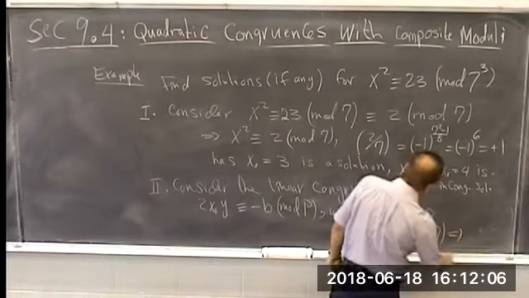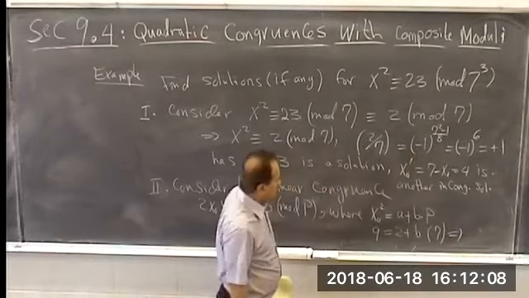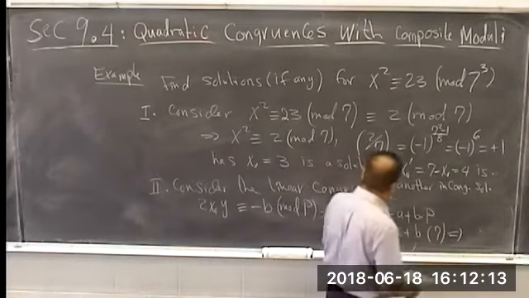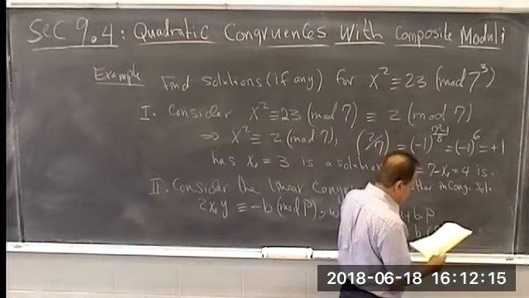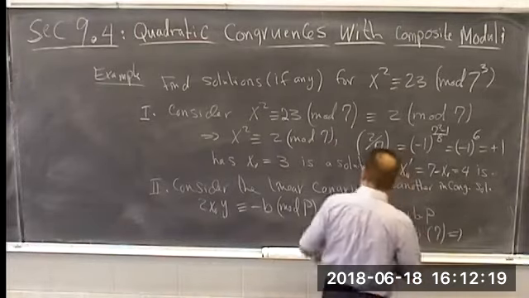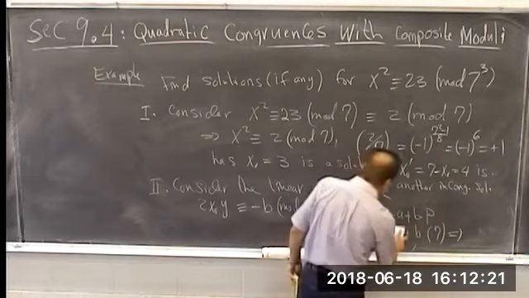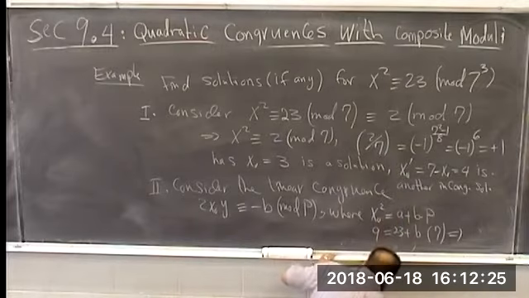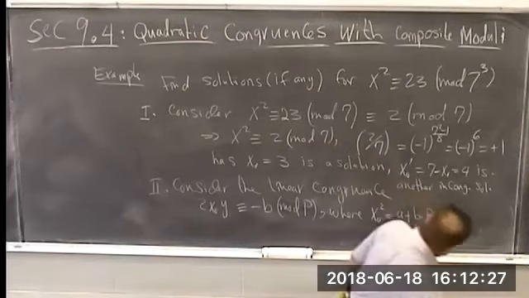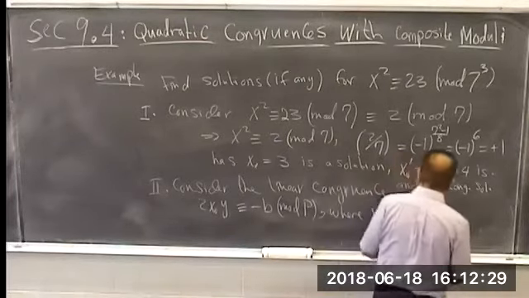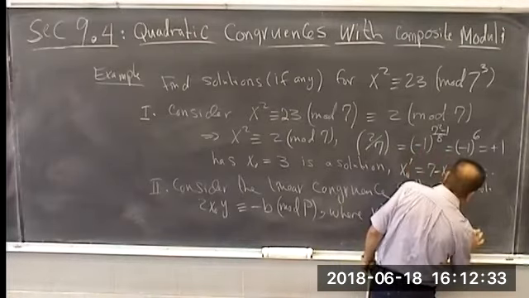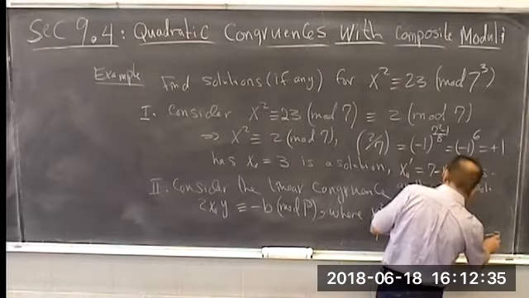So the solution for b is equal to negative 2. This one is 9. Oh, this one is 23, but this is the original one. All right, so this is 23, and this implies that b is equal to negative 2.